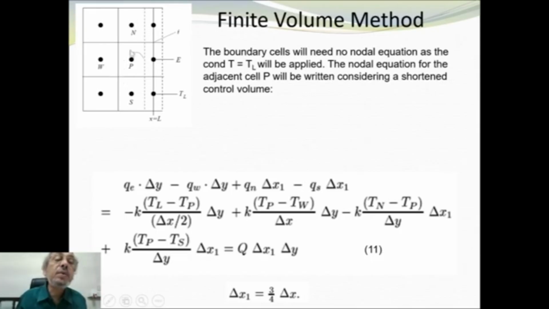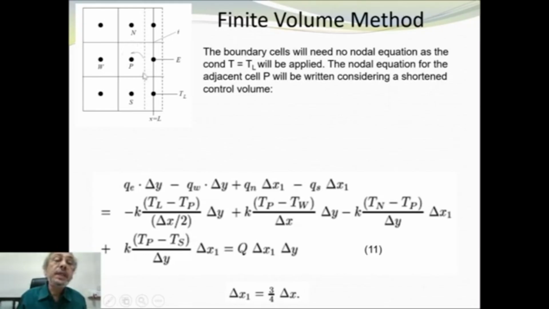But when the northern node and the P node are involved, for this heat flux, that means Qn, the area multiplying it will be 3/4 delta x into 1. Similarly, between the southern node and the node P, the heat flux will be multiplied by 3/4 delta x into 1.